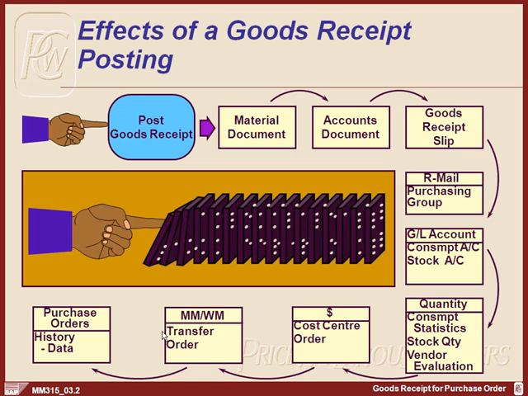So as soon as you do goods receipt, based on the equivalent movement type in the WM module, a transfer order will be created automatically, provided the WM module is implemented. Similarly, if your QM module is integrated with the MM module, an inspection plan will be triggered for each of the goods receipts that you perform. Also, last but not least, the purchase order history will get updated.